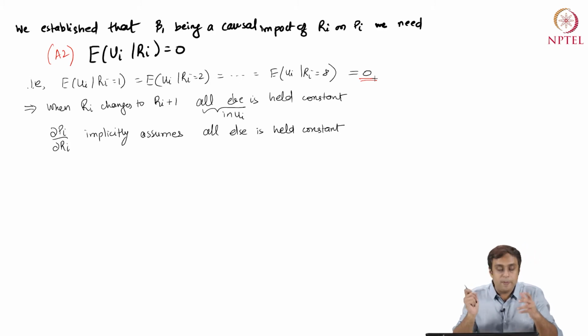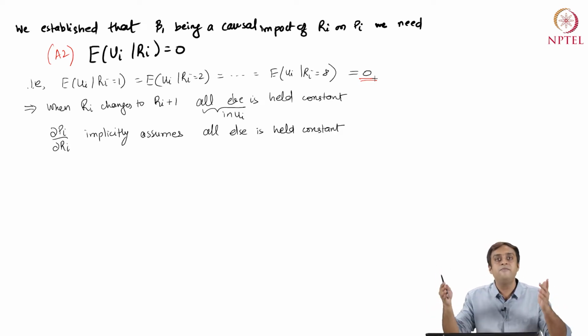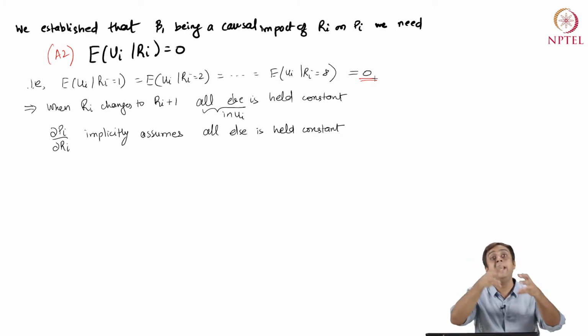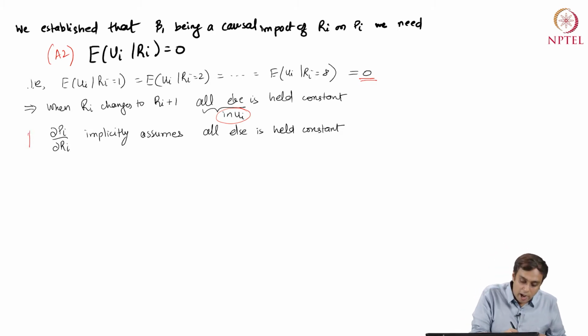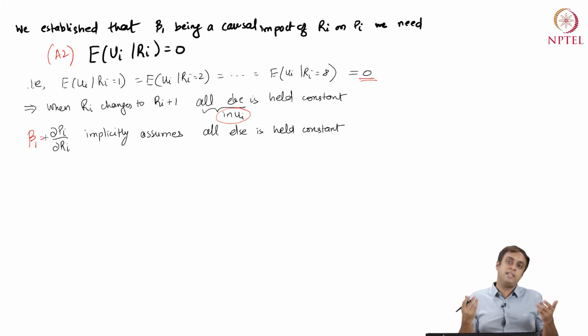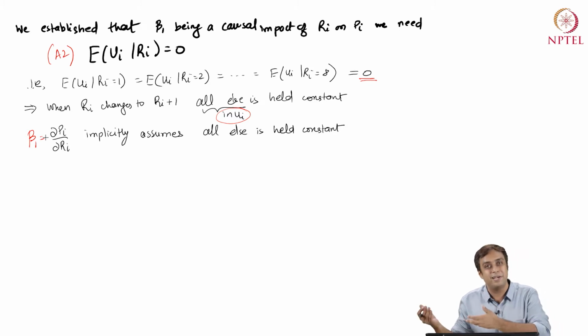Now, this basically implies that when Ri changes to Ri plus 1, all else is held constant. Everything that is observable and unobserved in Ui is all held constant. That is why beta 1 in the regression model equals del Pi by del Ri, where this partial differential notation implicitly assumes that all else was held constant.